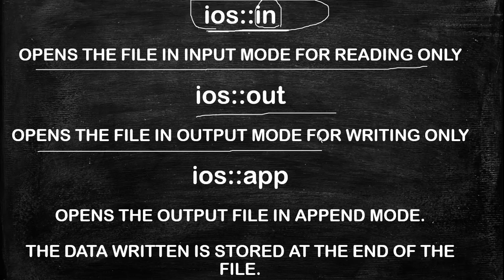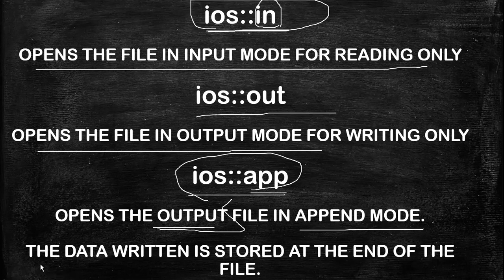Now the third one is ios::app, append. What this means is that when the file is open in this mode, it is always open in output mode, so this is only for output mode. The file is open in output mode, and then it is open in append mode. The data written is stored at the end of the file.